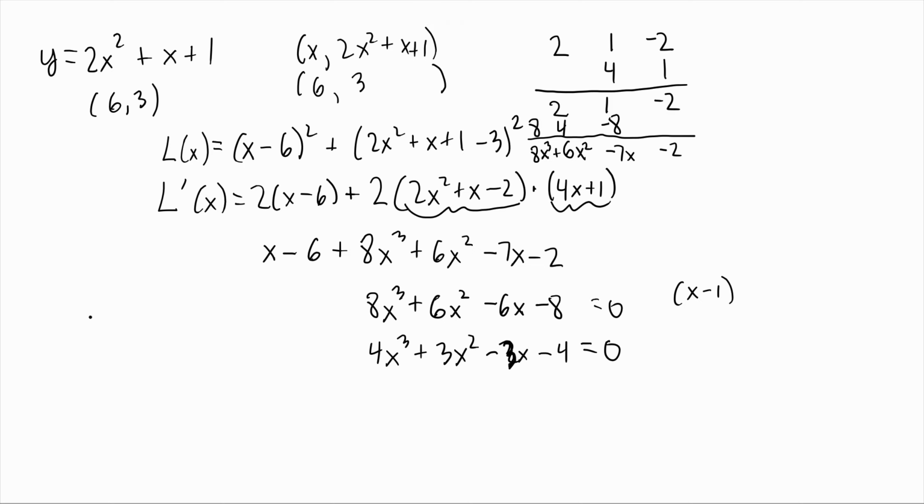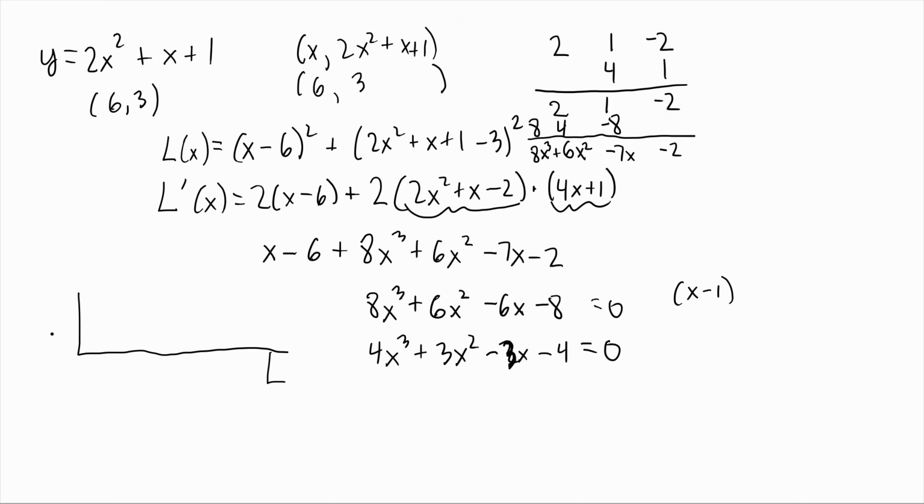If we think of a synthetic division diagram, this is what we're going to be dividing by, and then we're going to get something out with a remainder of 0 in the end. This part that we get is actually going to be the other factor other than x minus 1.